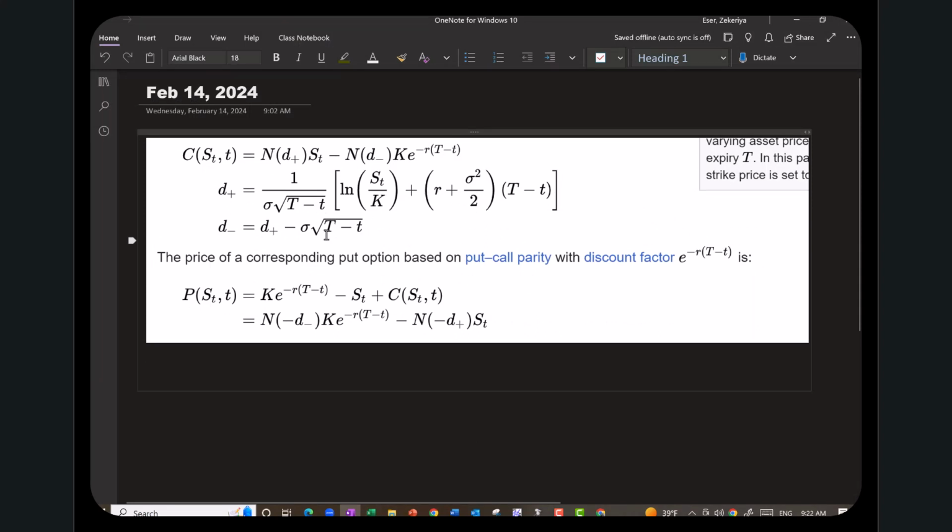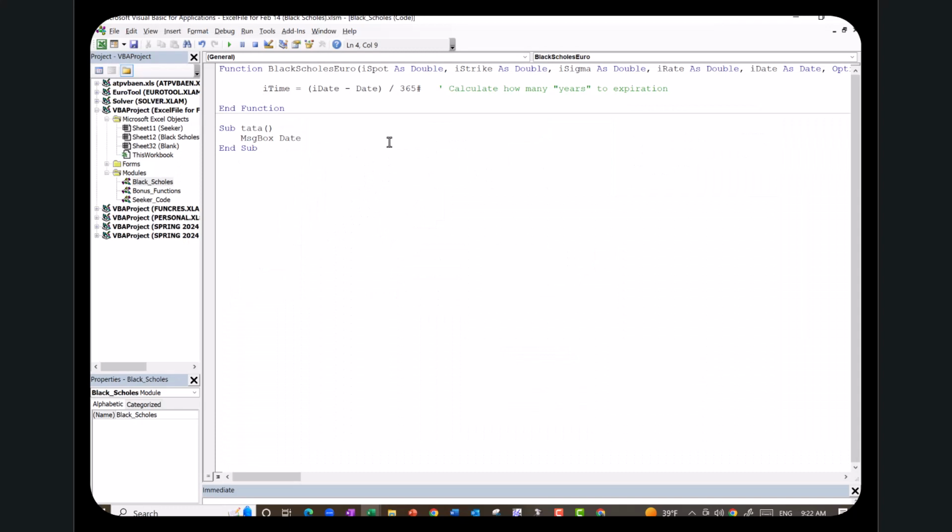And it would be nice to have this sigma times square root of T in there as well. Let's call it sRoot, which is my iSigma times Sqr(iTime).